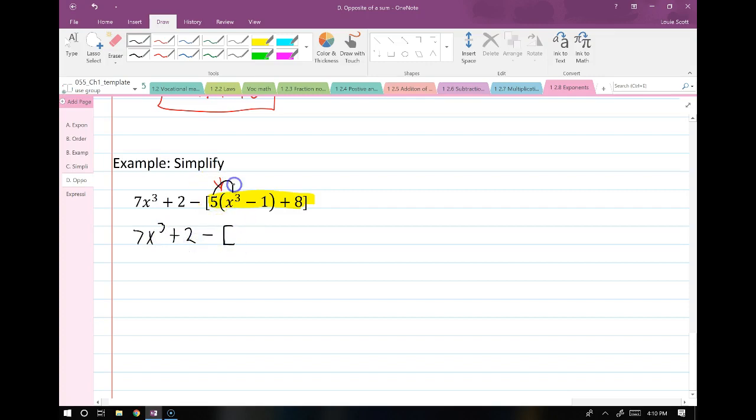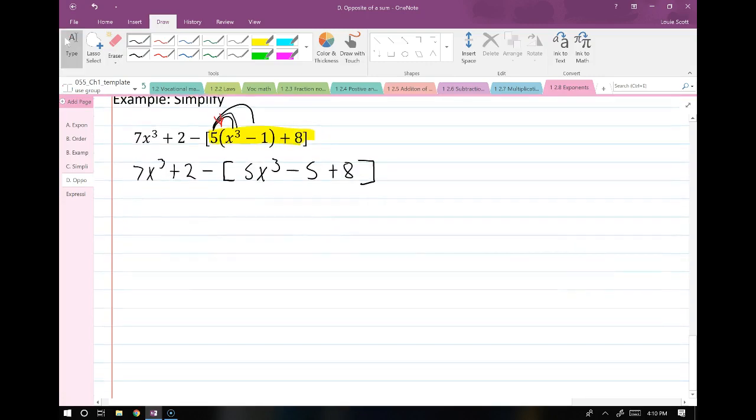Now I'm going to distribute this to get rid of the round brackets. So I have 5 times x cubed, 5 times negative 1, and the plus 8 just hangs out over there. All right. Now I handle everything in those parentheses. We want to keep on going.